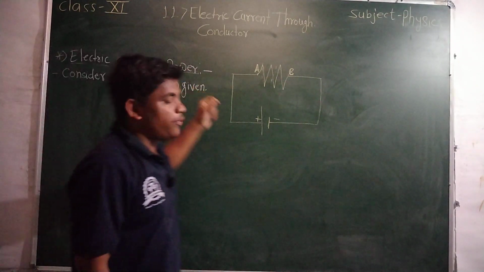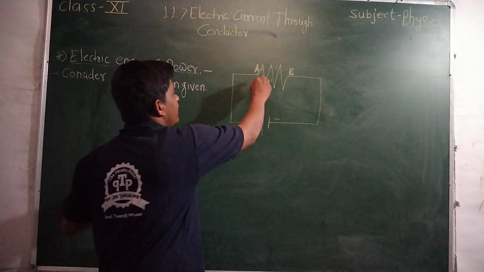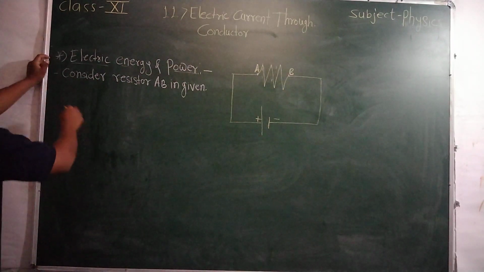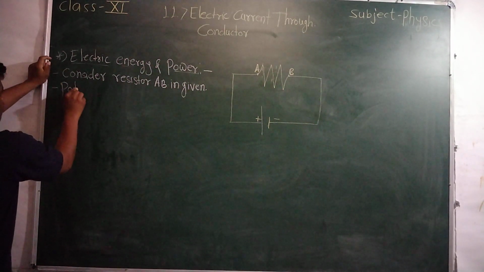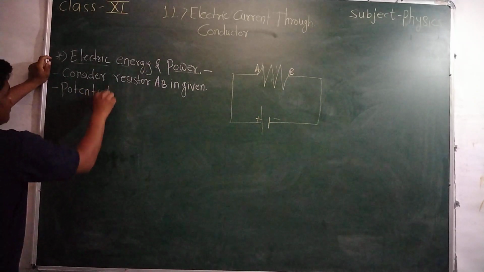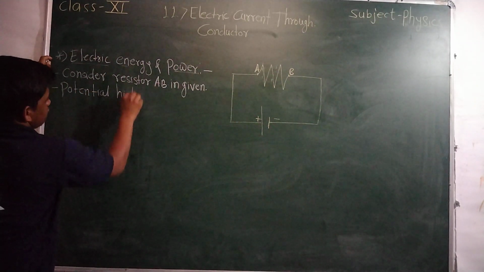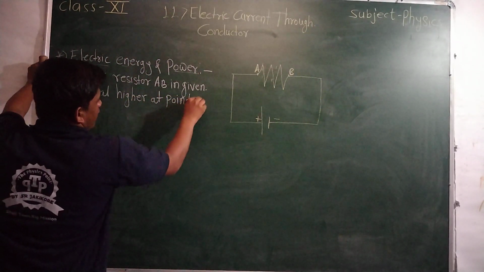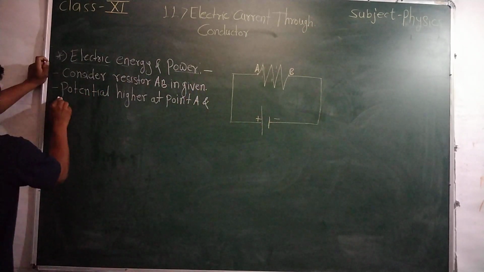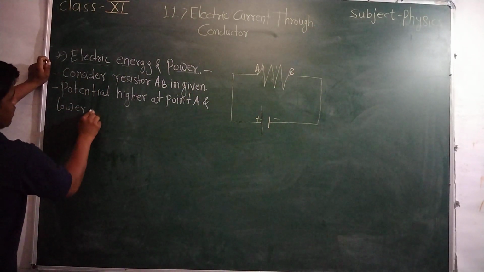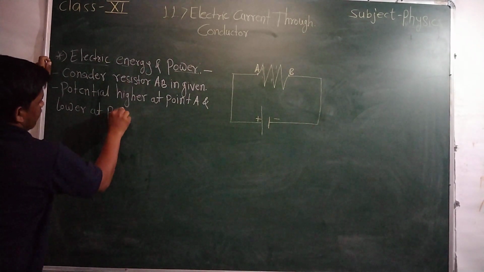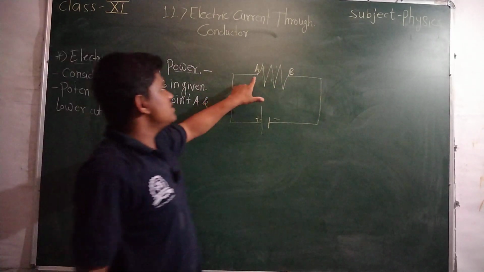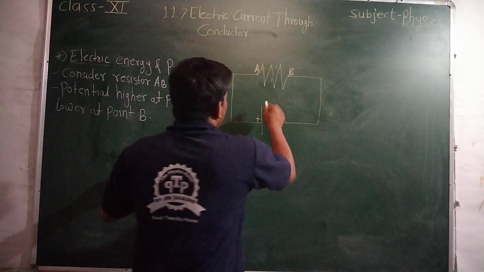In the resistor, the potential is higher at point A and lower at point B.